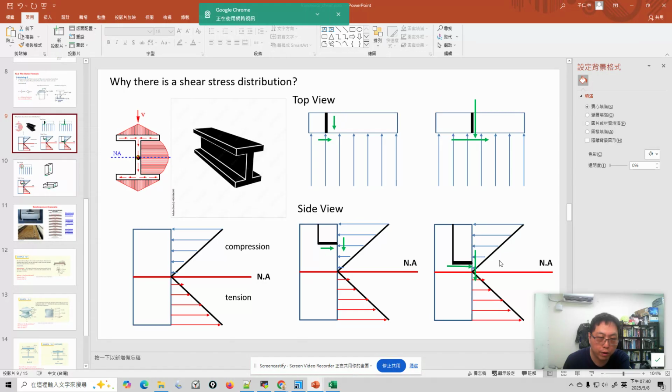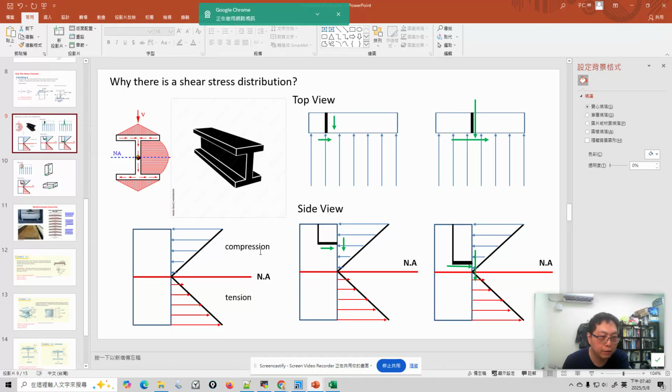That's why the shear force at the bottom on the right hand side is way larger than the shear force at the left hand side. When we want to do the shear balance, we focus on this bold part, and this bold part is actually a 3D element.